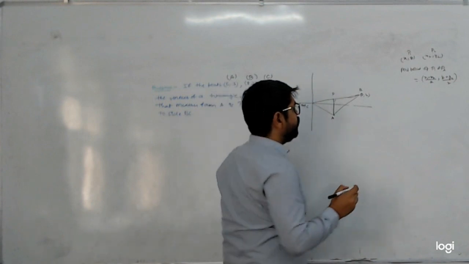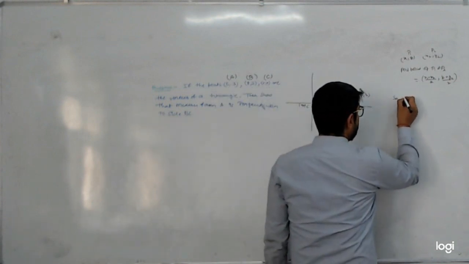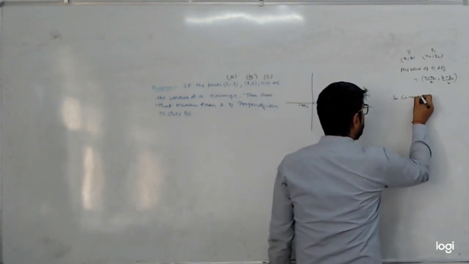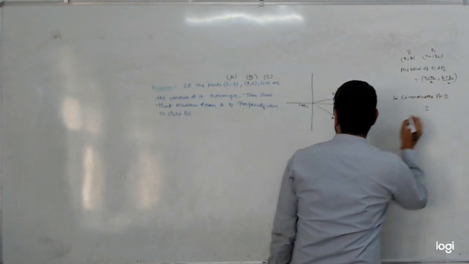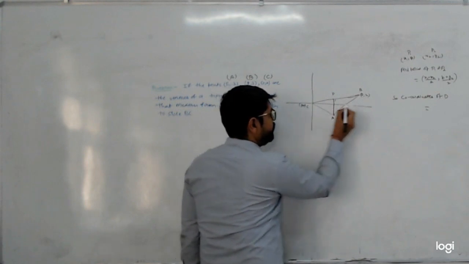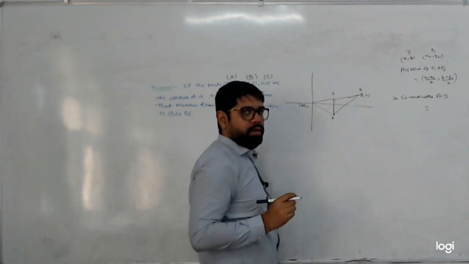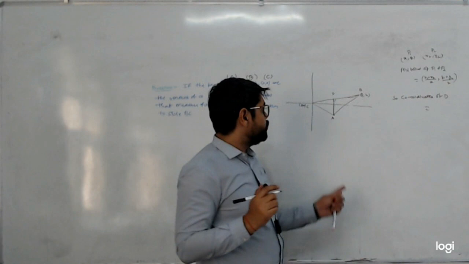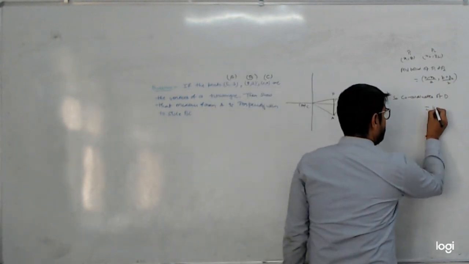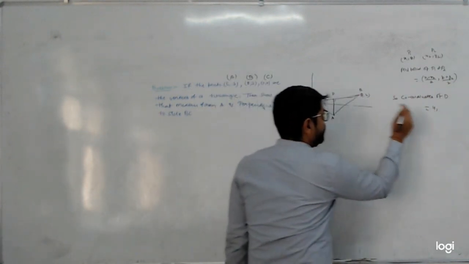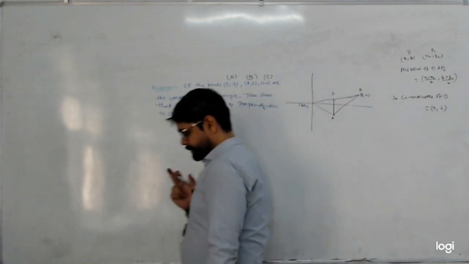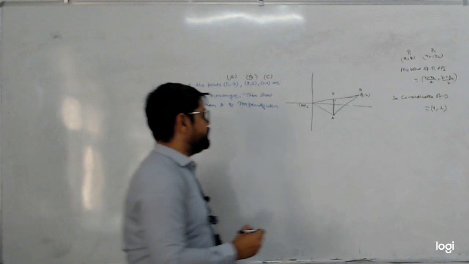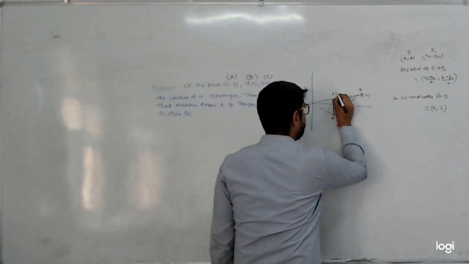Taking x1 as 0 and x2 as 8, 0 plus 8 by 2 which is 4, 0 plus 2 by 2 which is 1. So the coordinates of point D are 4, 1.